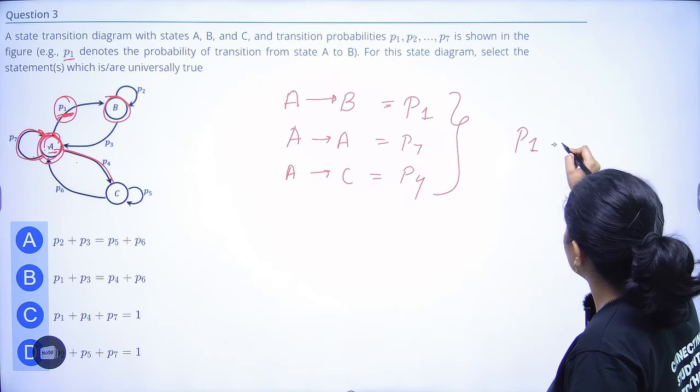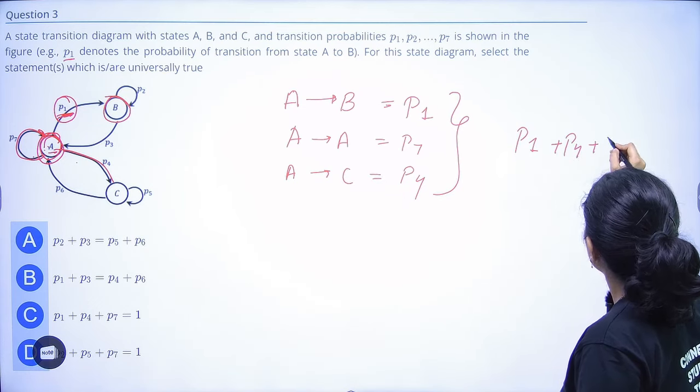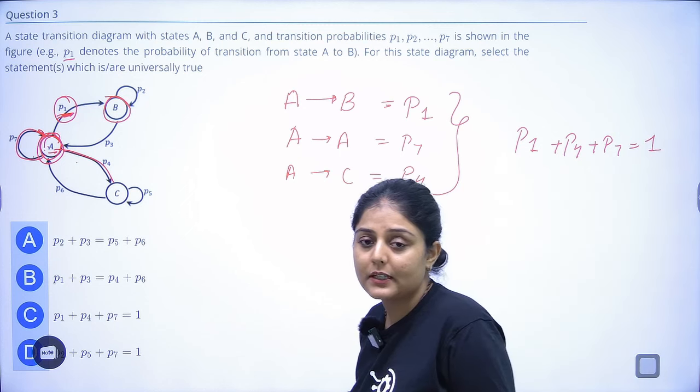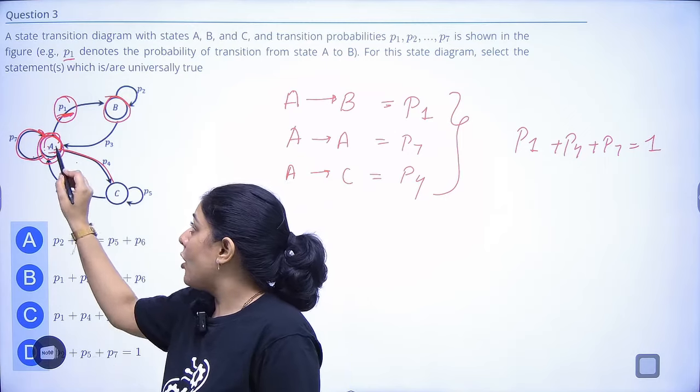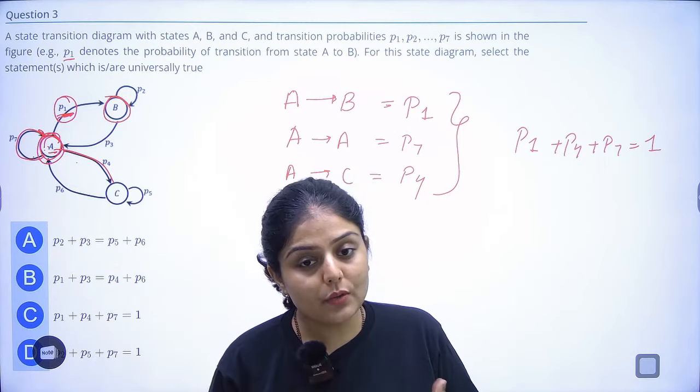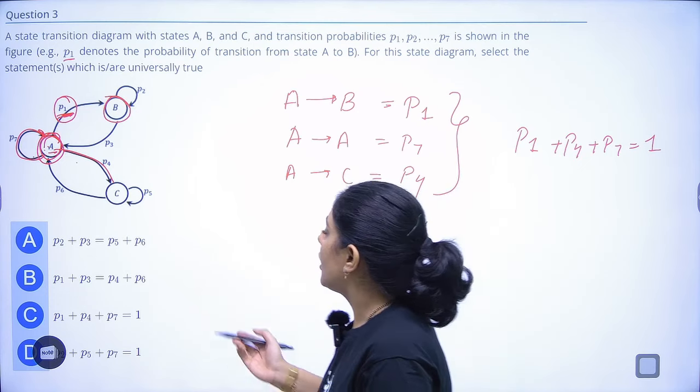So P1 plus P4 plus P7 will be equal to 1, because 1 is the maximum probability. If we take all the cases, the probability becomes 1. Similarly, we can talk about the other 2 states.